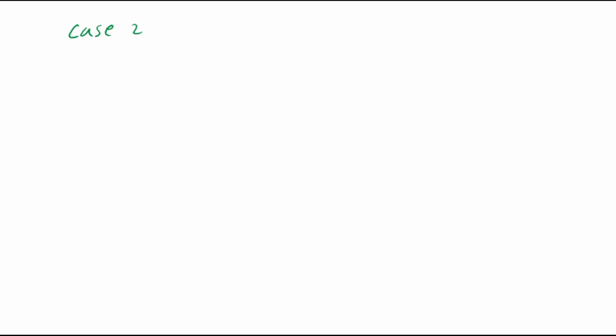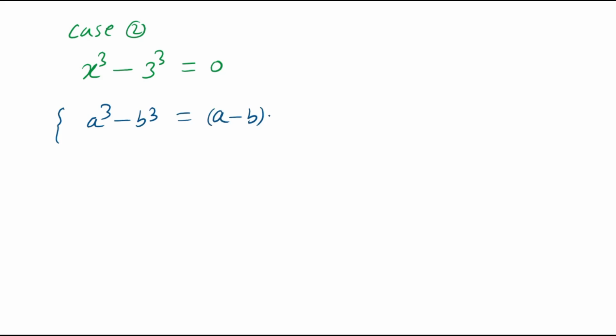Case second: x cube minus 3 cube is equal to 0. In the left hand side we have x cube minus 3 cube. Here we will apply the difference between two cubes. We know that the factor of a cube minus b cube is equal to a minus b multiplied by a square plus ab plus b square.